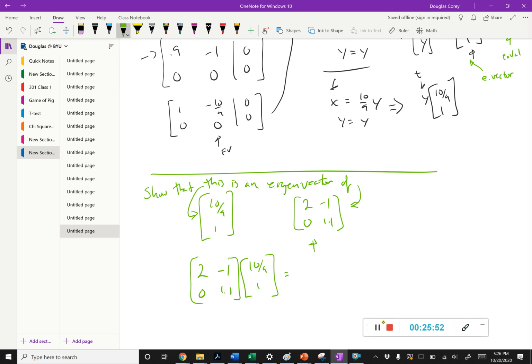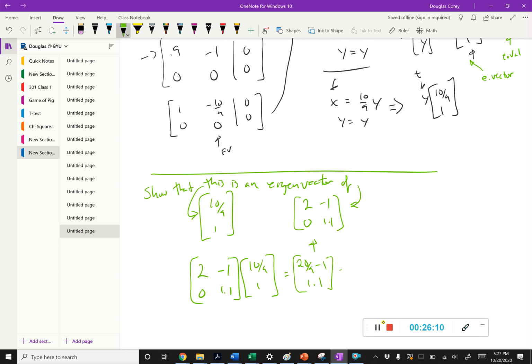So 2 times 10/9 is going to be 20/9, minus 1. And then 0 times 10/9, plus 1.1.